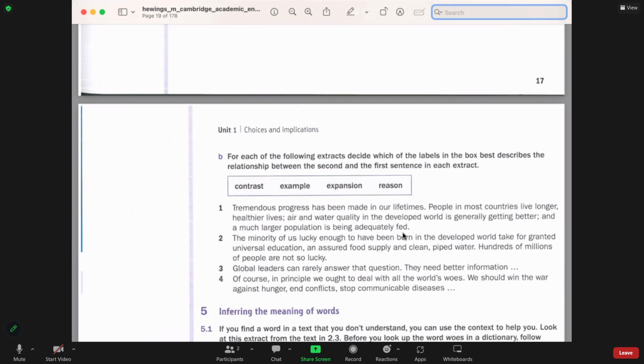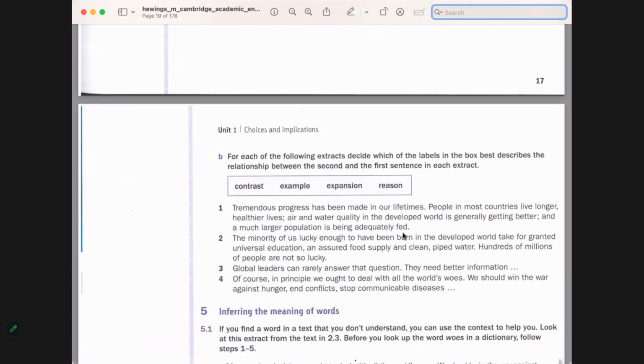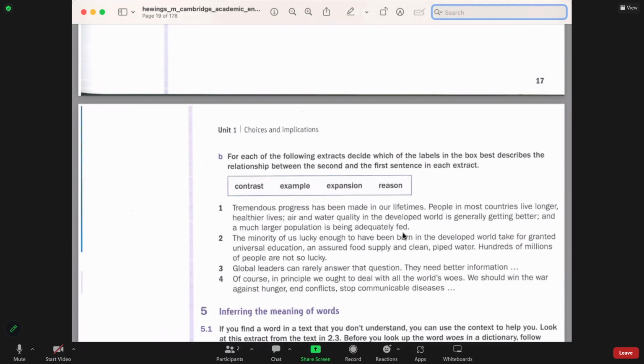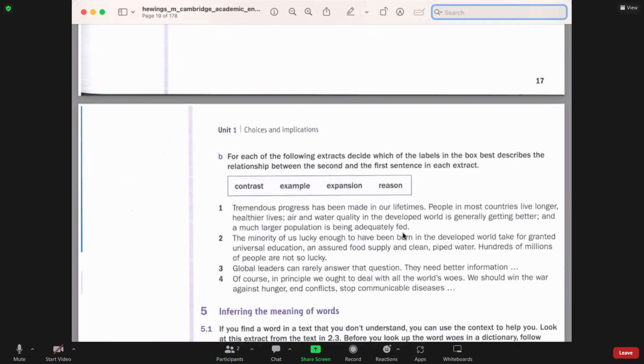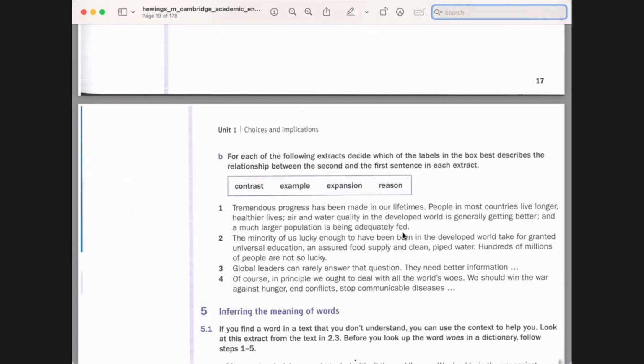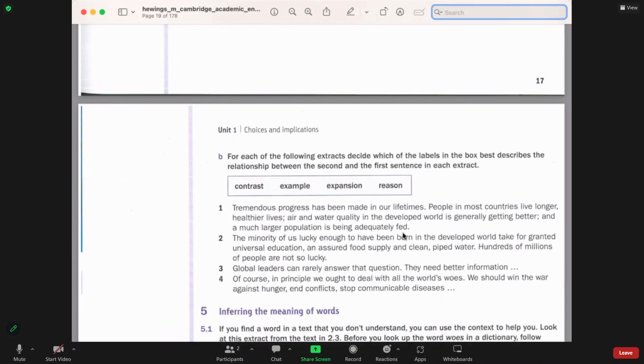Progress has been made in our lifetime. So people in most countries live longer, healthier life. It might be expansion. And it's quite difficult sometimes to categorize whether it's example or expansion. Yeah, they are quite similar.